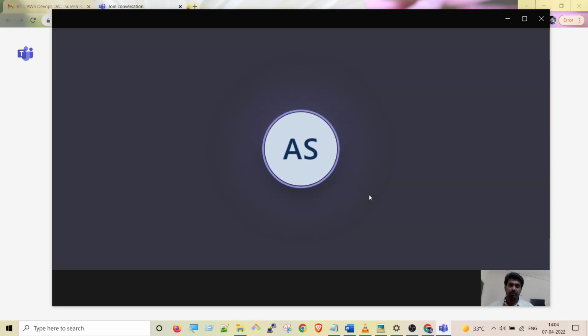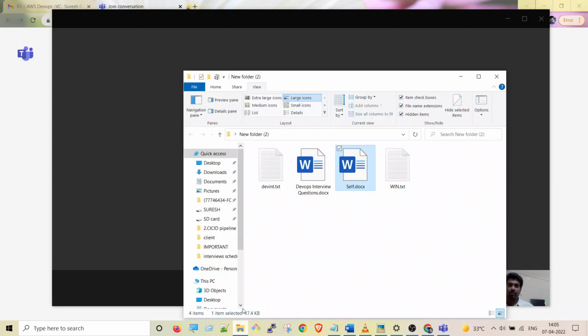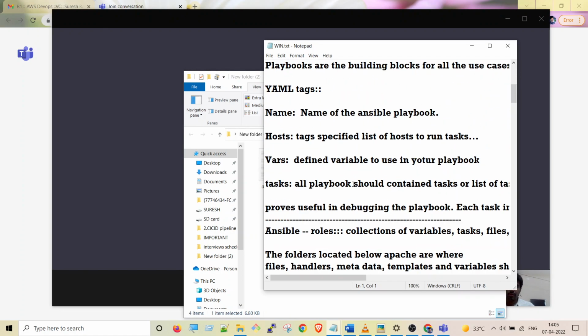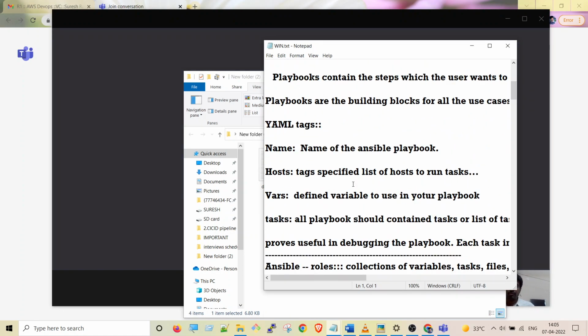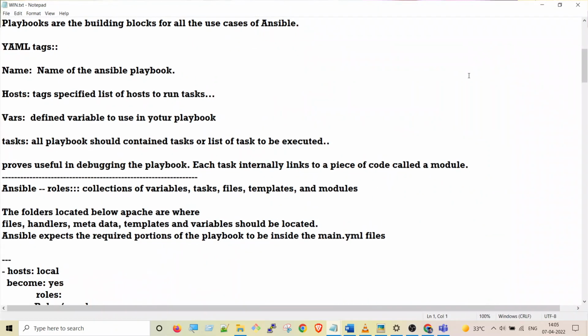Okay. What are the Ansible tasks you have performed? Yeah. So I was asking what kind of Ansible tasks you have performed in your project. There could be multiple tasks.